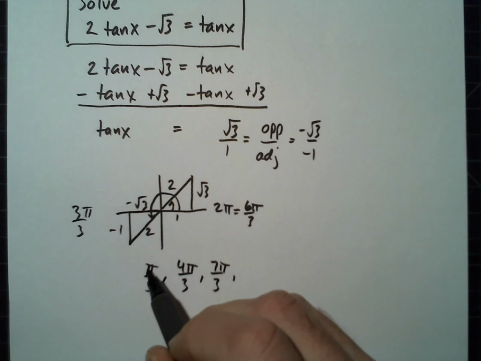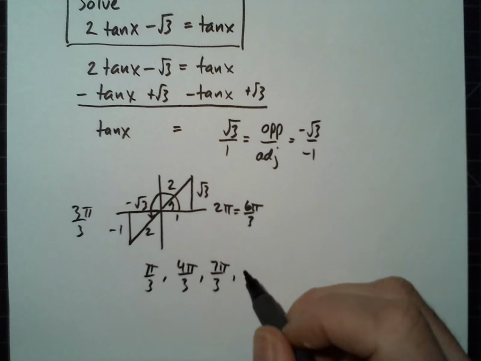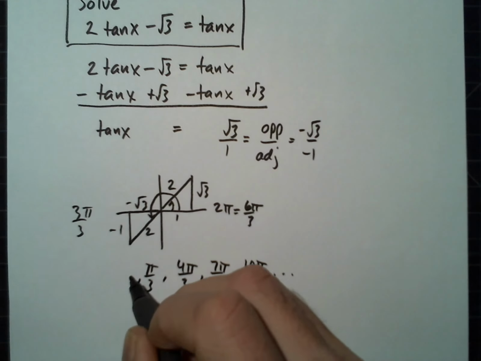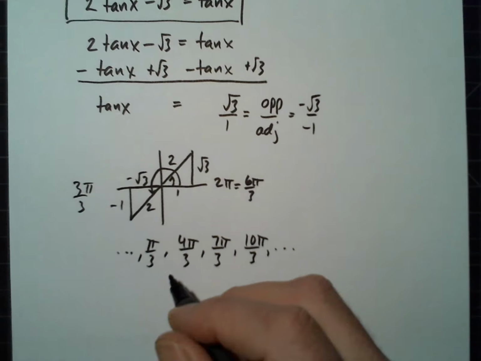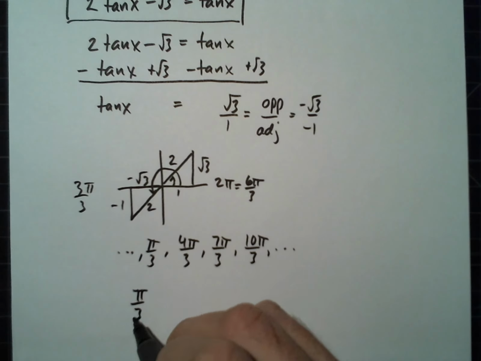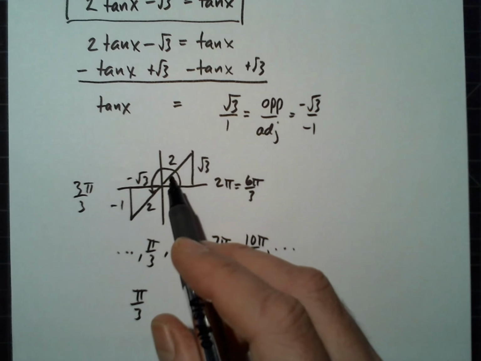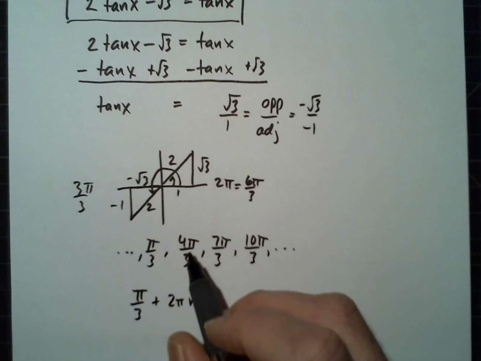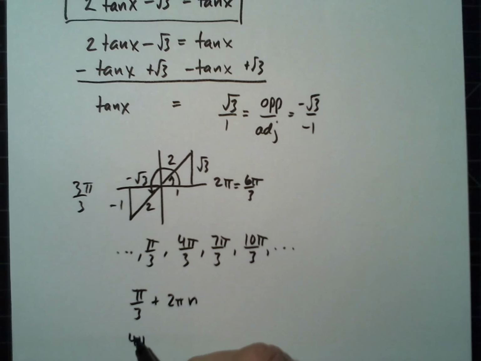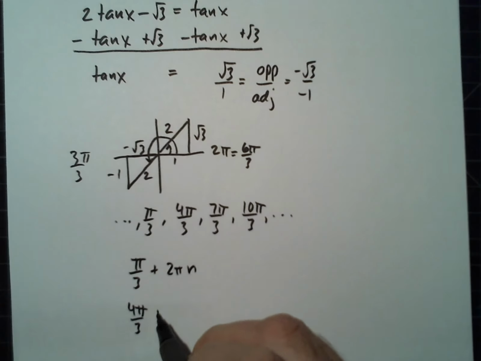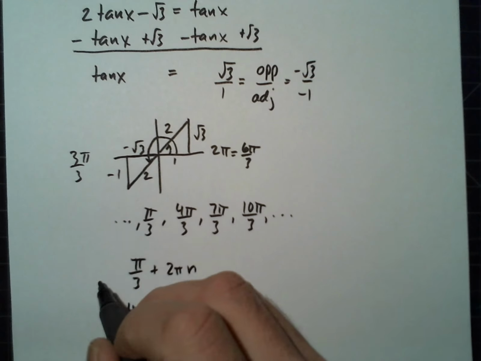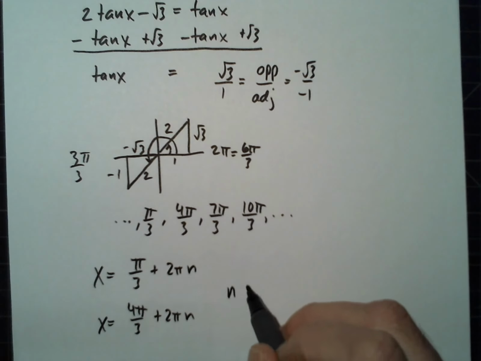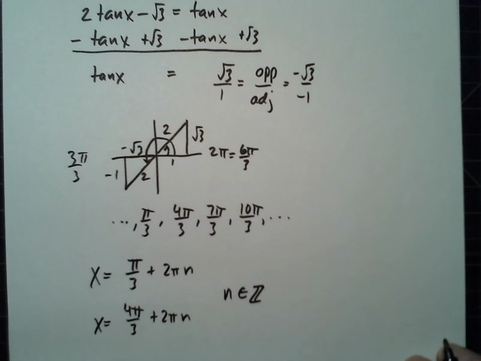So we're adding 6 to this to get to 7. We add 6 to this to get to 10. And that pattern continues. Another way to write it is just write the solution here and go plus 2 pi n, and then write this solution. And n is an integer.